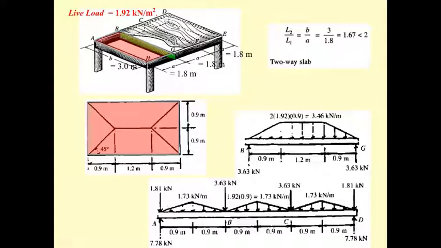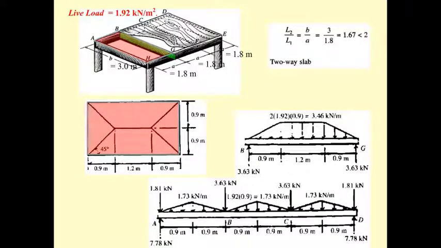So what is it going to be in reality? For me, after I get this beam, I will assume the distribution of the loading on this beam to be uniformly distributed.